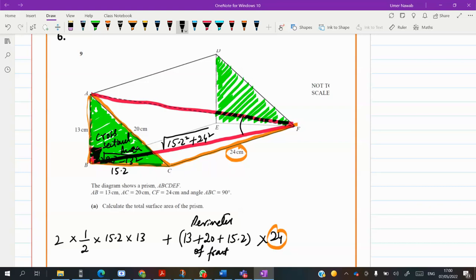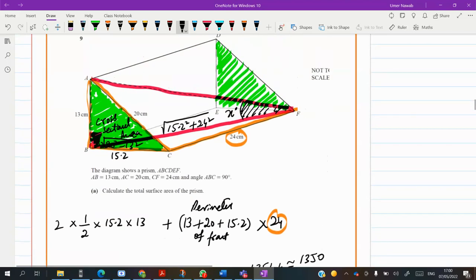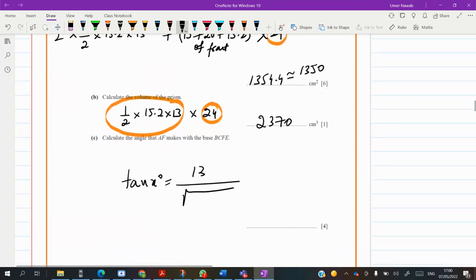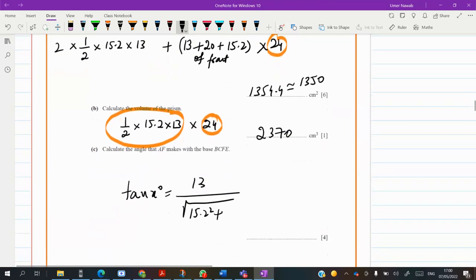Now I want to find this angle. So use tan. So tan of x, opposite is 13, over square root of 15.2 squared plus 24 squared.